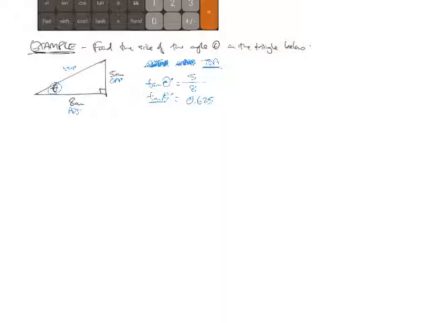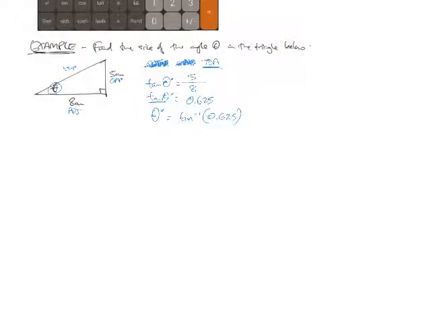But your calculator doesn't let you do that, so you need to use inverse tan in this case instead of dividing. So the angle is going to be the inverse tan of whatever 5 over 8 is, which was 0.625.